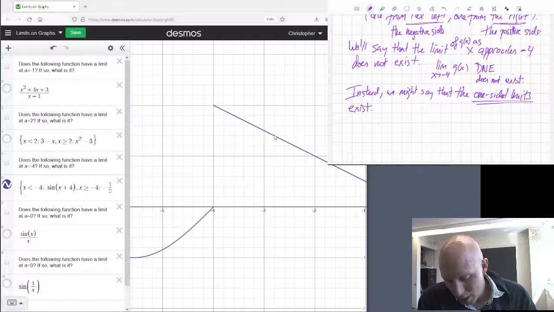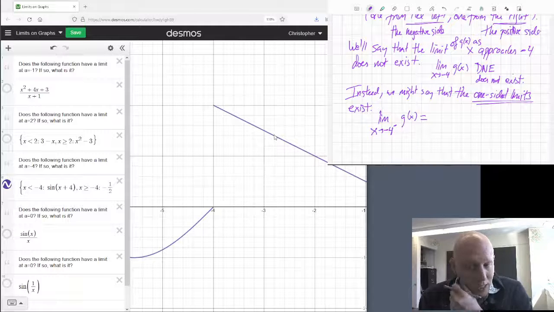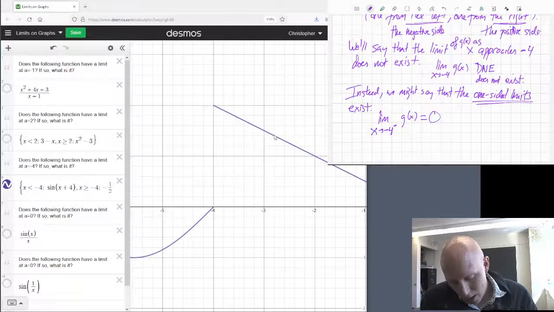That is, the limit as x approaches negative 4 on the negative side of g of x is equal to 0, and the limit as x approaches negative 4 on the positive side of g of x is equal to 2.